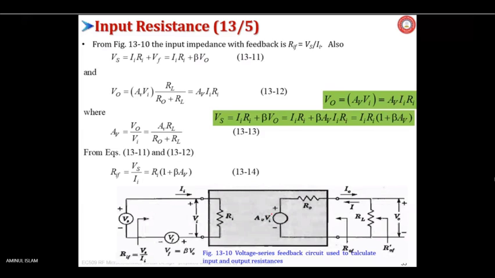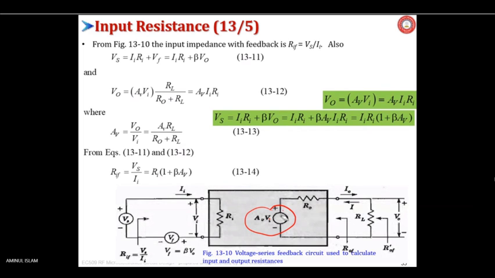See here, the voltage generator here is AV VI, AV VI. AV is what? AV equals VO by VI, basically. And it is actually a voltage generator and denoted by a voltage generator only. It is not current. If it were current, then it would be denoted as a current source or something.